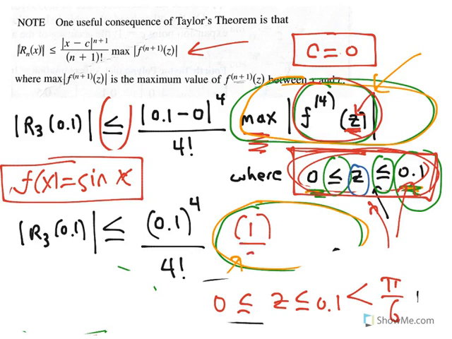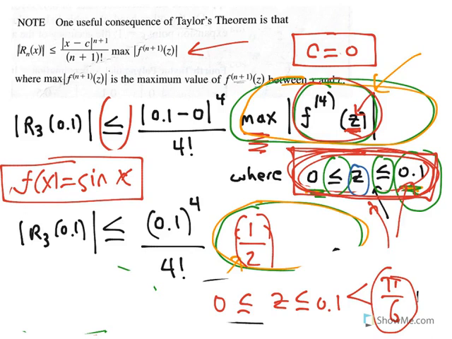The error can be certainly no bigger than that. So this is putting an upper bound. And we like to use that because it's a value, the smallest known value that we can be confident in for the sine of z, where z is from this interval.